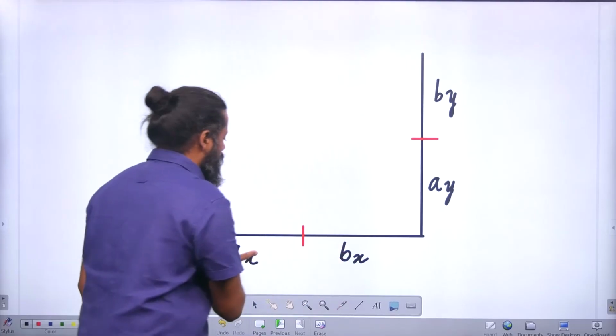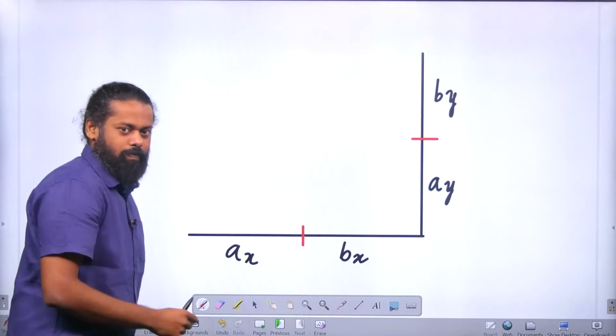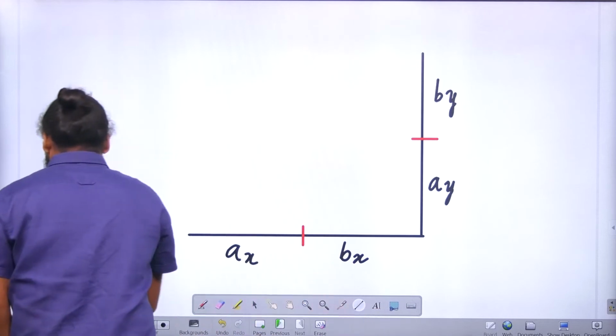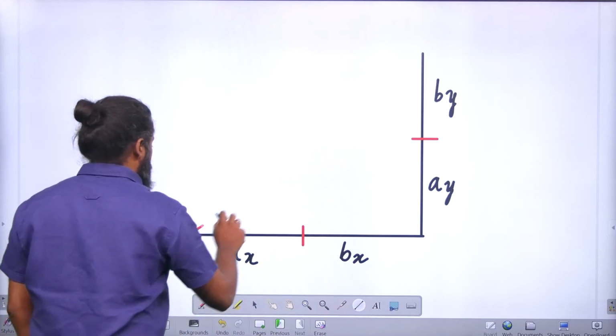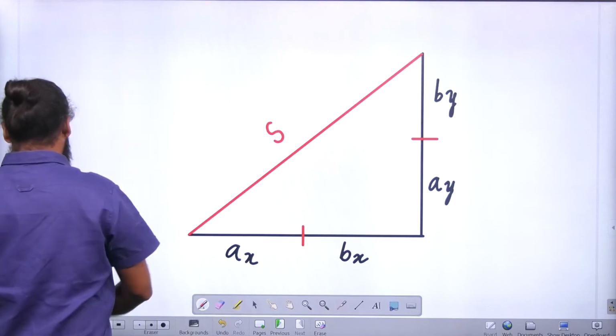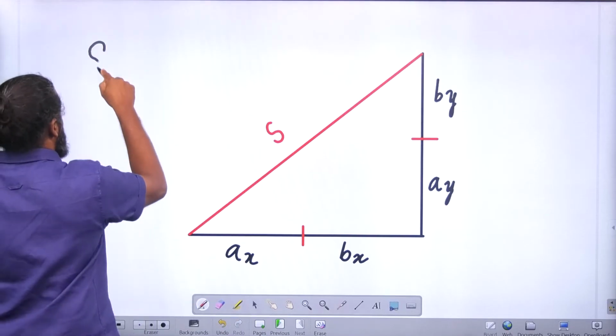So together the length of the base is going to be AX plus BX, and the height is going to be AY plus BY. As per Pythagoras theorem, we can connect this. What is going to be the length of this side? If this is S, we can easily find out S. I hope all of you know that. No need to explain, in lower classes itself you studied.